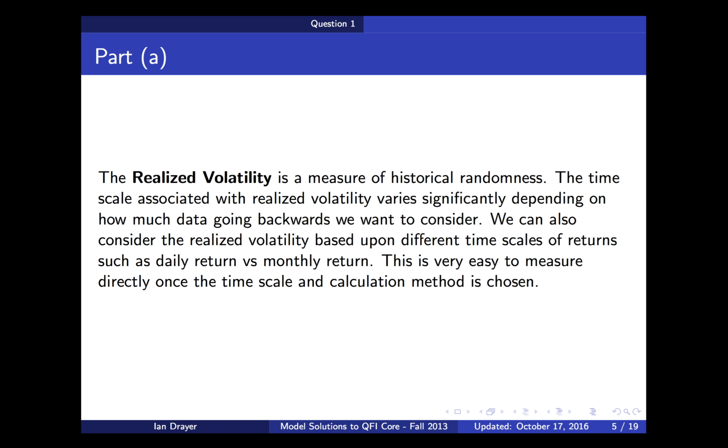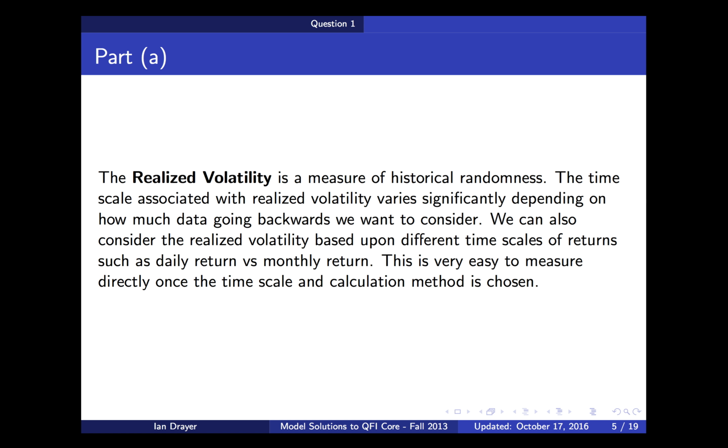The realized volatility is more of a measure of historical randomness. The timescale for the realized volatility, or historic volatility, varies based upon how much data we actually use going backwards and want to consider. We can use this realized volatility based upon a number of different timescales, and we can consider it in a larger time grouping, such as monthly return, or a smaller time grouping, such as daily return.